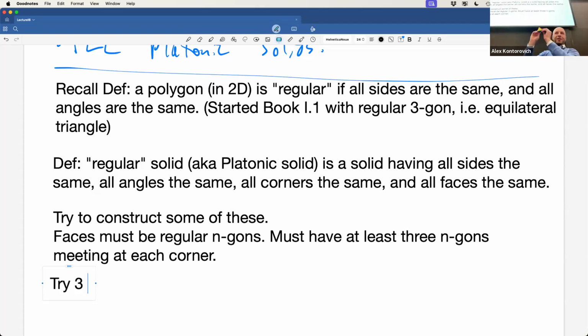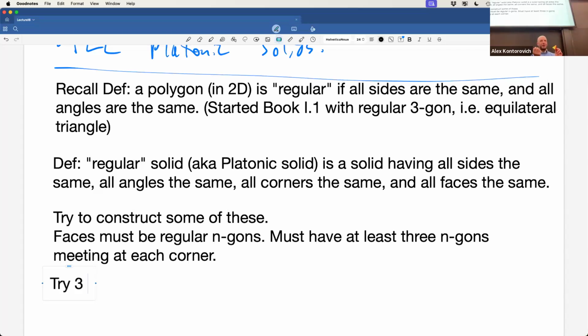Anybody know what this shape is called? Pyramid, yes, it is a pyramid. It also has a special name. Pyramids are more general, just like rectangles are more general than squares. There's an even fancier name for it that starts with a T. How many faces does it have? It's got 3 sides and 1 base, so 4.